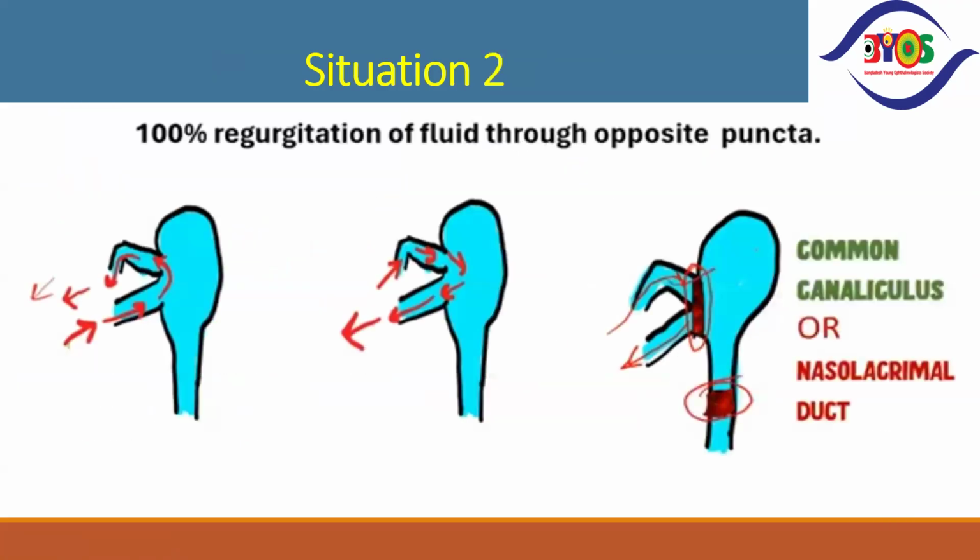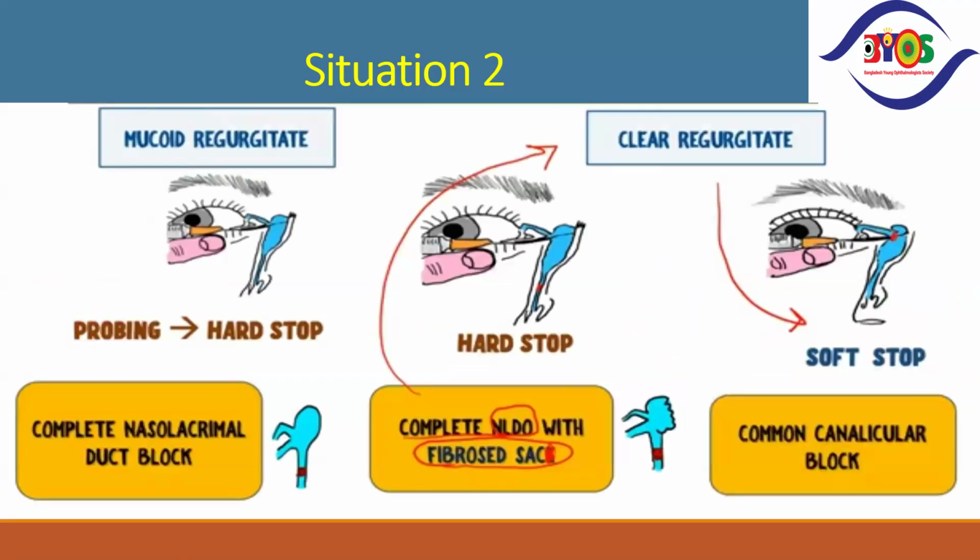In situation 2, 100% regurgitation of the fluid through the opposite puncta, it might be a common canalicular block or a nasolacrimal duct obstruction. When we find mucoid regurgitate and on probing we find a hard stop, there is complete nasolacrimal duct obstruction.